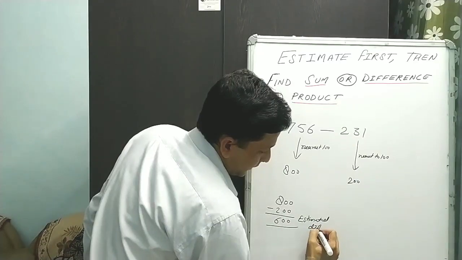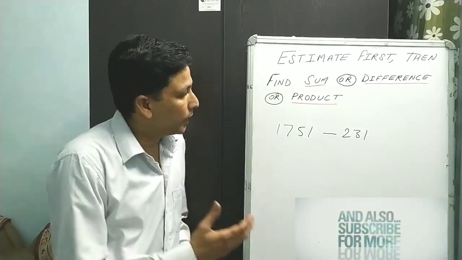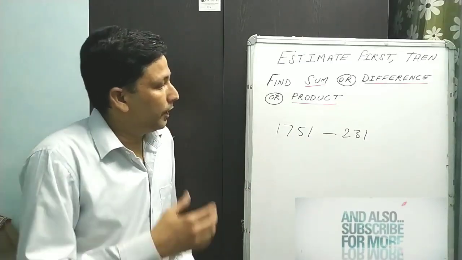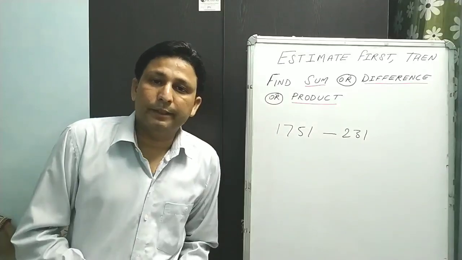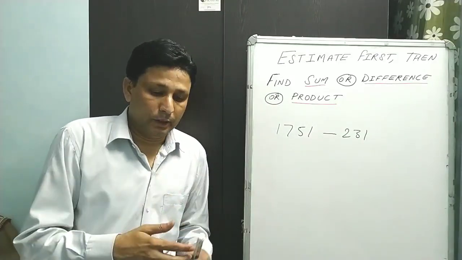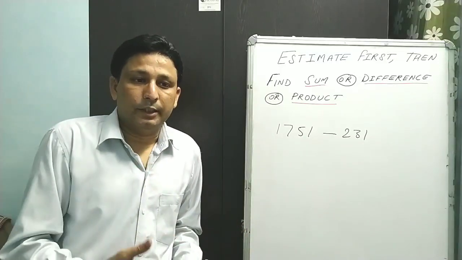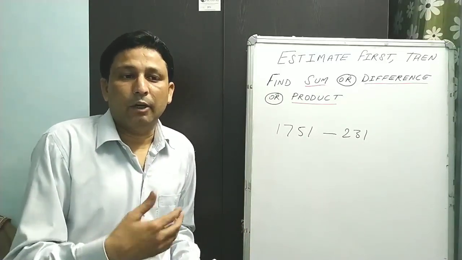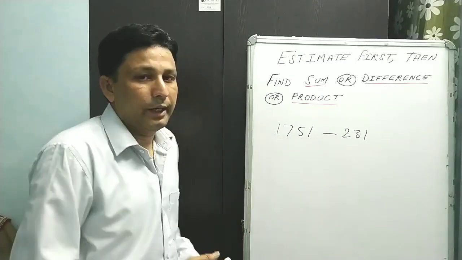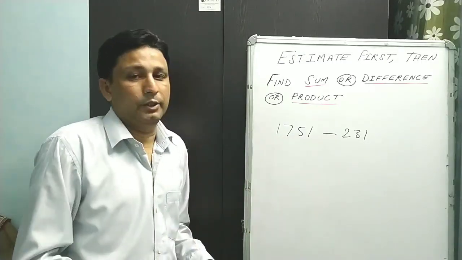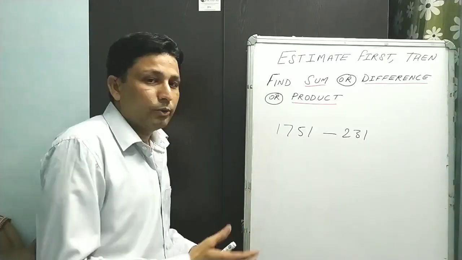Estimated difference. Here you can see there are two integers and both are in subtraction, and again you are to find out the estimated difference. So first of all we will convert these integers by using nearest 10, nearest 100 or nearest 1000. You can use nearest 100, and if you want to use nearest 1000 then you can also use it, because you are free. There is no restriction in the question.